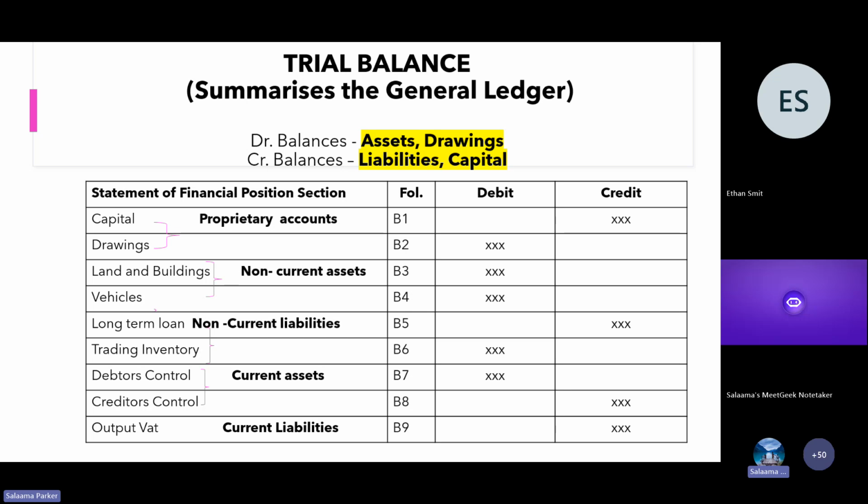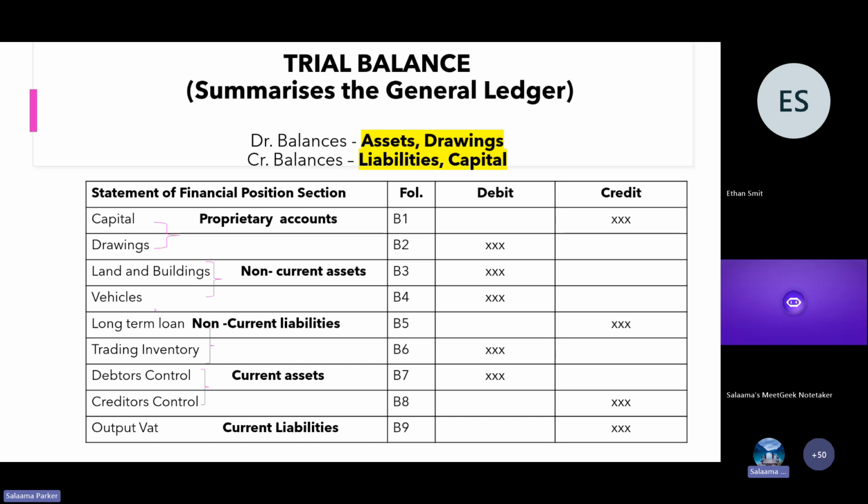They could give you all the balances, all the accounts, and then give you the trial balance template, and then you must be able to record the accounts under the correct headings and record the balances in the correct accounts. I hope you understand.